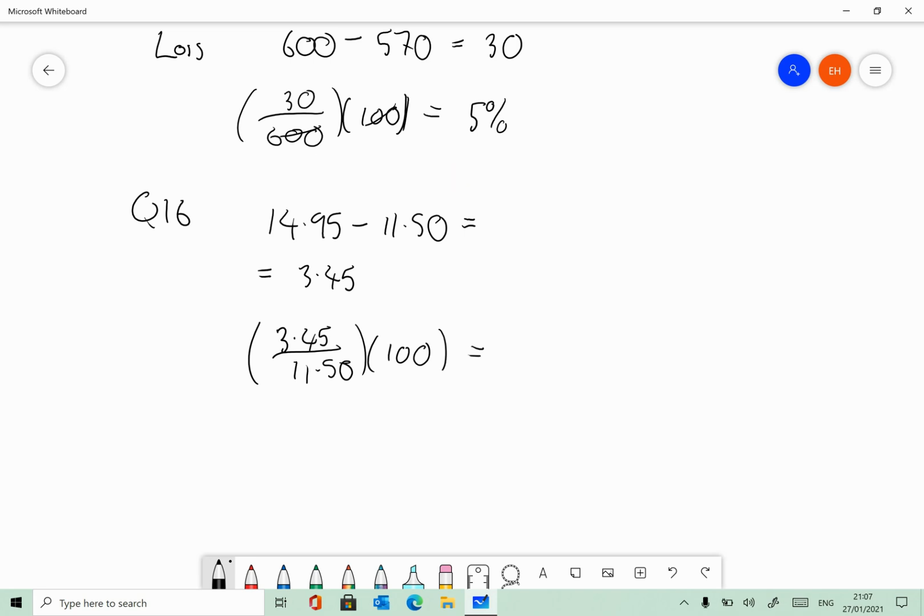So we write it as a fraction first of all, and then we multiply the fraction by 100. So it's 30%. So the shopkeeper makes a 30% profit on the azaleas.